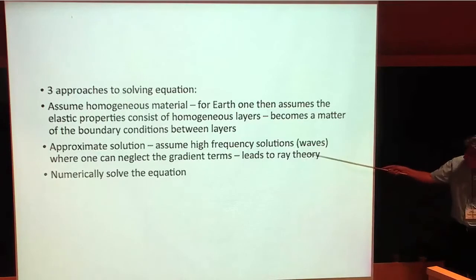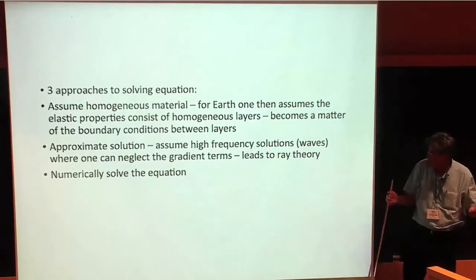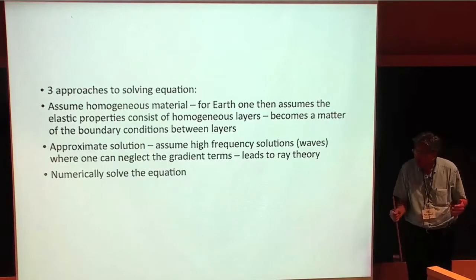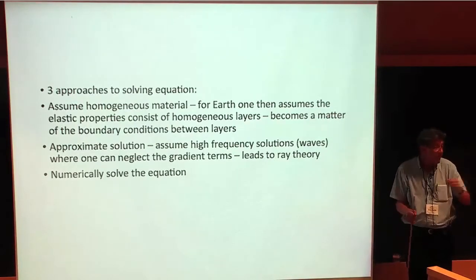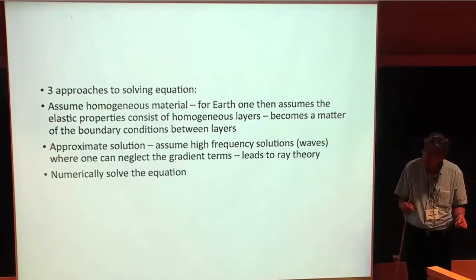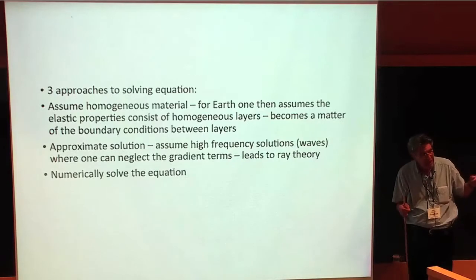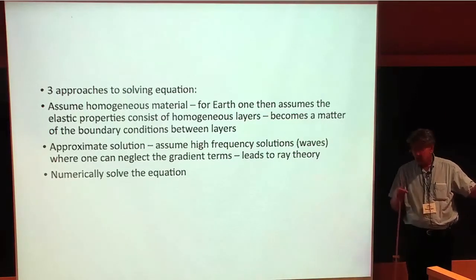And the third approach, which is just becoming really feasible now, is to brute force try to solve that equation numerically by finite element or finite difference. We still cannot do that on the biggest computers at, say, 1 Hertz frequency. The time to solve the equation depends on frequency.